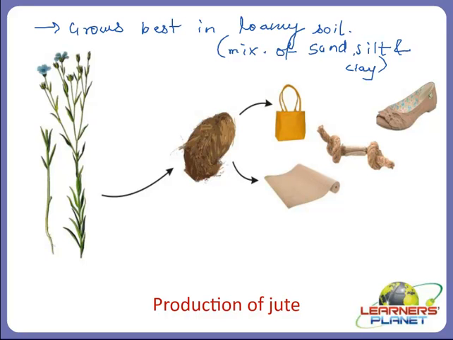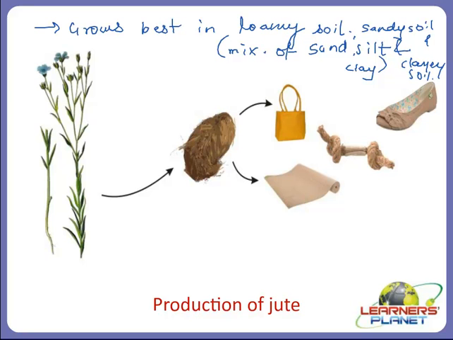As we discussed, it can be grown in a number of soil types ranging from clay to sandy, but it grows best in loamy soil. So jute grows best in loamy soil, sandy soil and also clay soil. Remember this, sandy soil and clay soil.